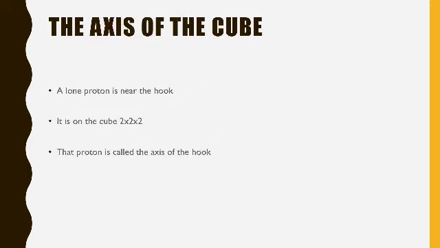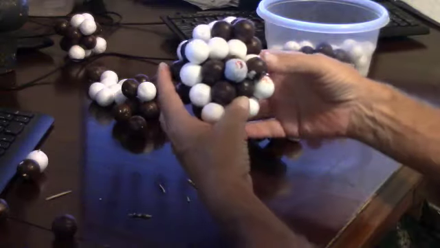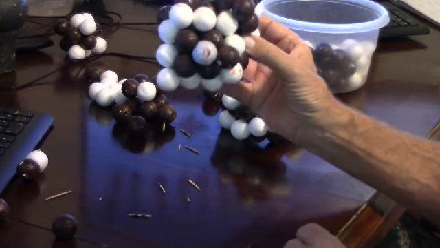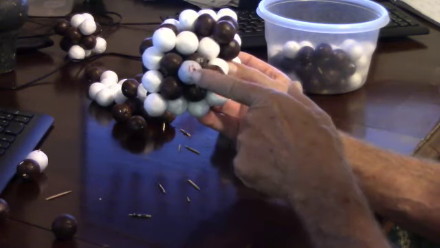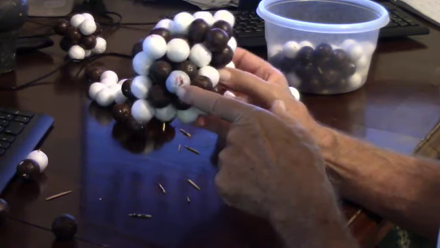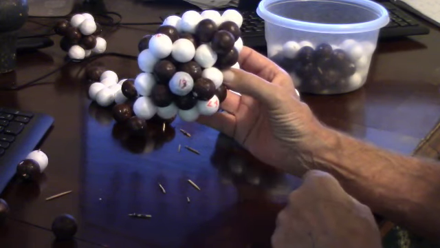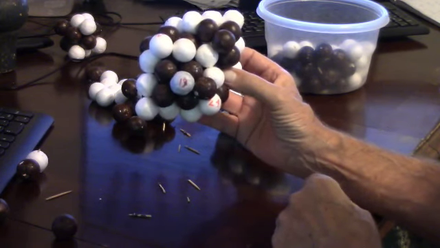And so there's a lone proton called the axis, and let me just show you where that is here on this older model here. Yeah, there's one in the middle, marked number 19.